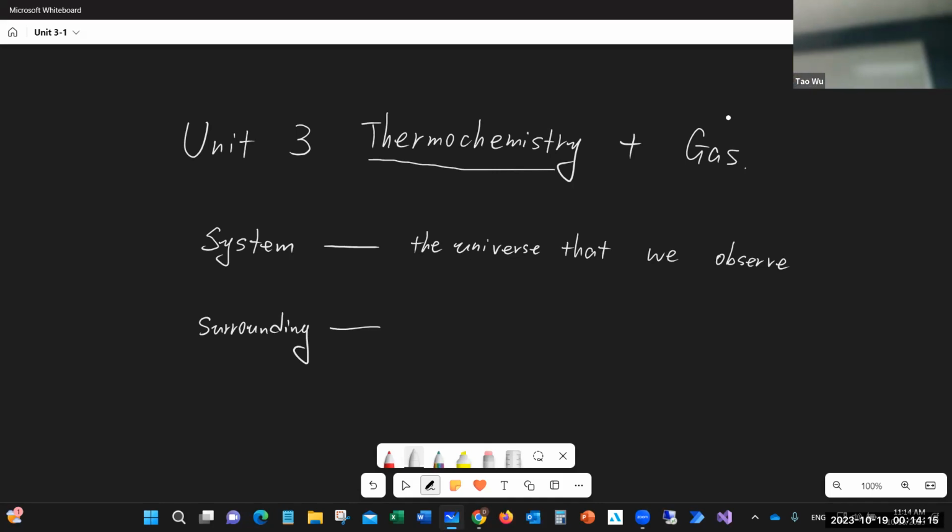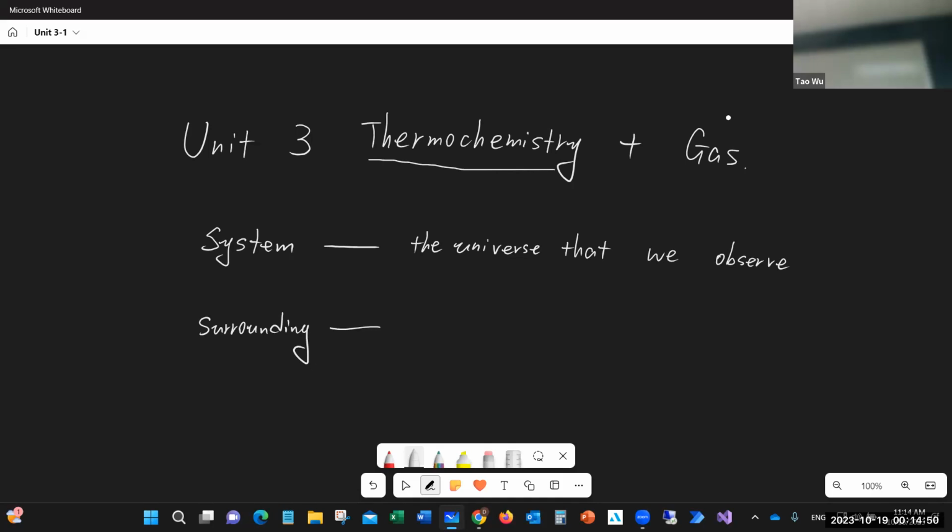For example, if we try to figure out what happens inside of this container, then the inside of this container is the universe that we observe, so that's going to be the system. But if I want to observe what happened in this room, then this room will be the system. So it really depends on what you observe, and then you define what the system is.